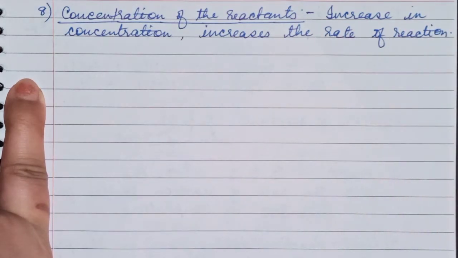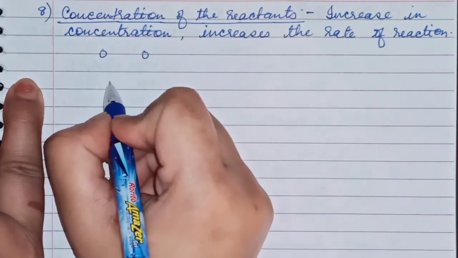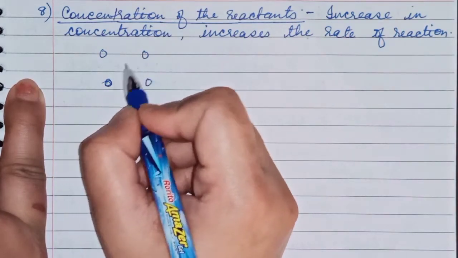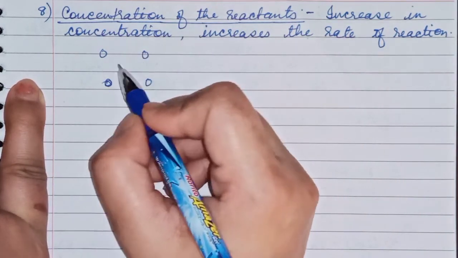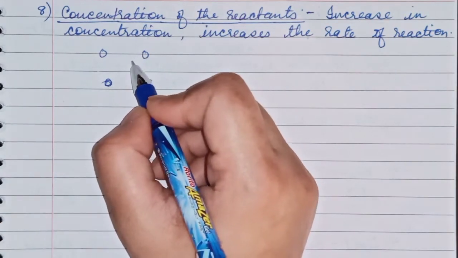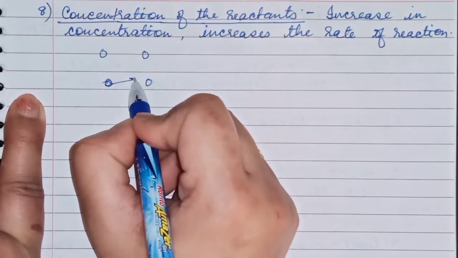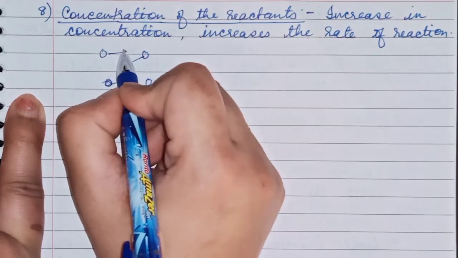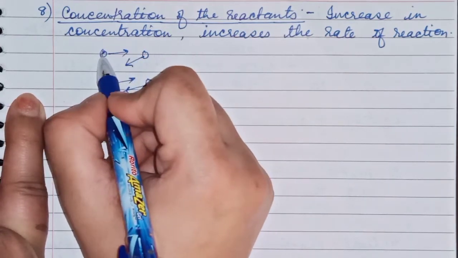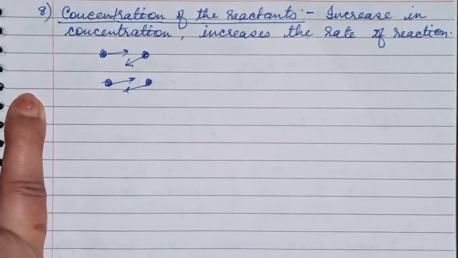Now why is it increased? See children, suppose there are molecules here, and reaction takes place when they collide. Collide means when they come in contact with another molecule. Suppose there are 4 molecules, the collision rate will be very less. Suppose these are 4 balls and they are moving.